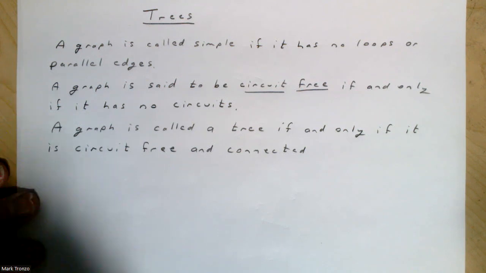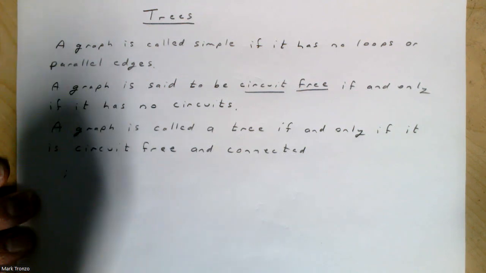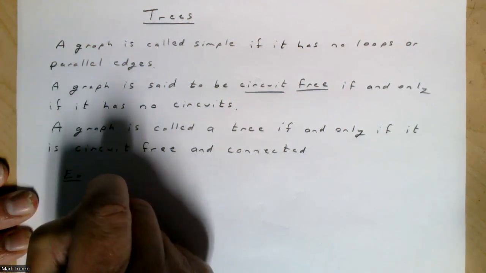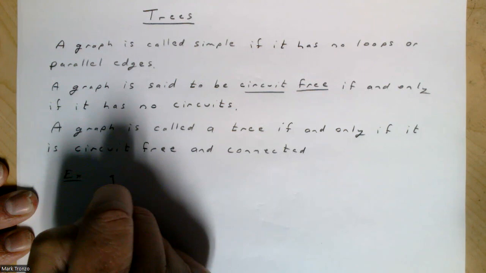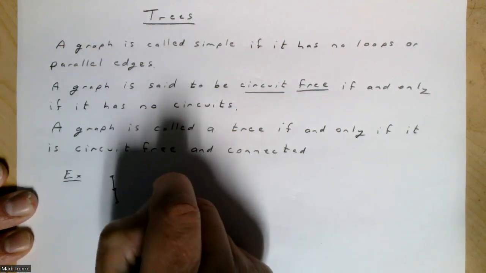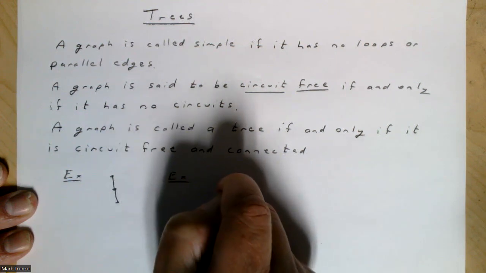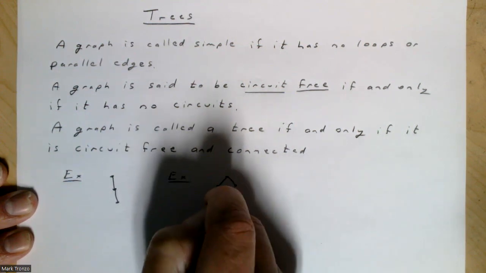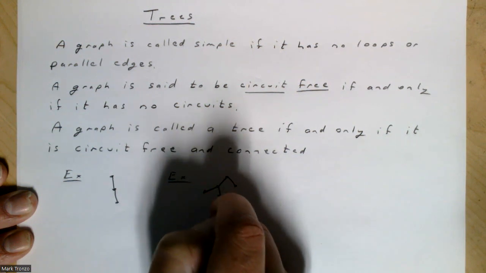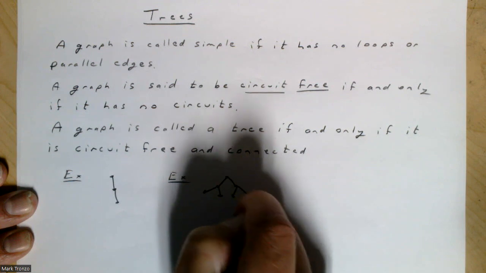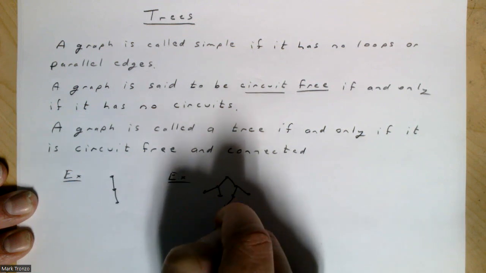And there are several examples that you could think of. Something real simple would be just something like that, would be a tree. Though usually we think of leaves and stuff on a tree. Maybe something would look like this.